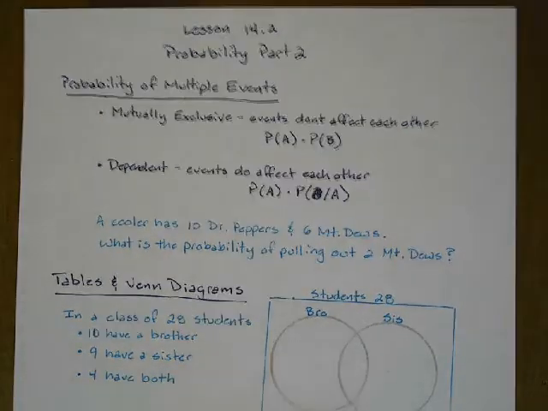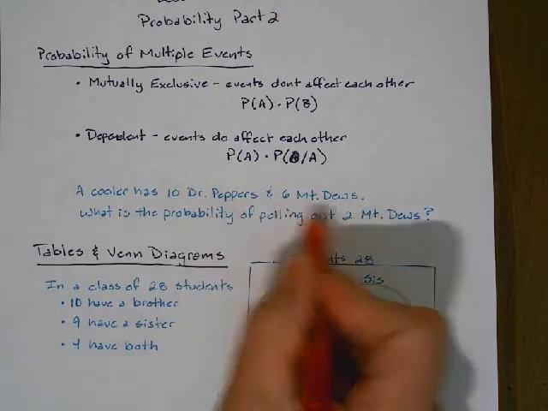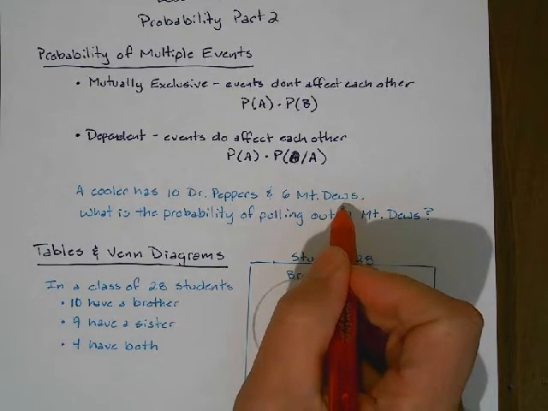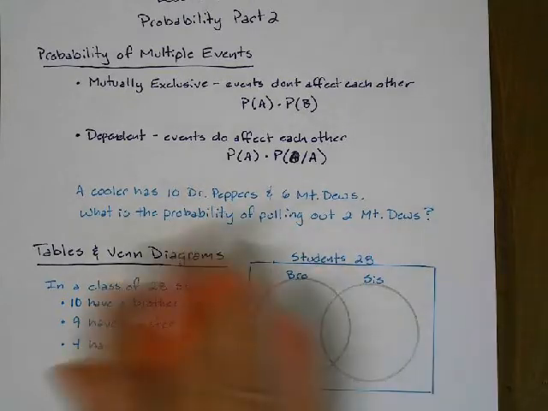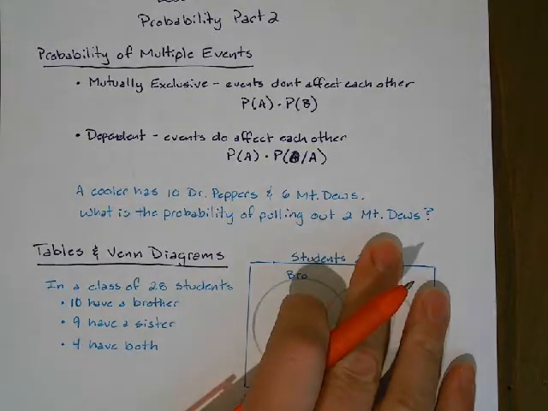So when does this happen? Let's say that we've got a cooler, and in that cooler, there's 10 Dr Peppers and 6 Mountain Dews, and we're going to pull some drinks out of that cooler, and we win either way because Dr Peppers and Mountain Dews are delicious. So we're going to win no matter what, but we want to know the probability of pulling out 2 Mountain Dews.